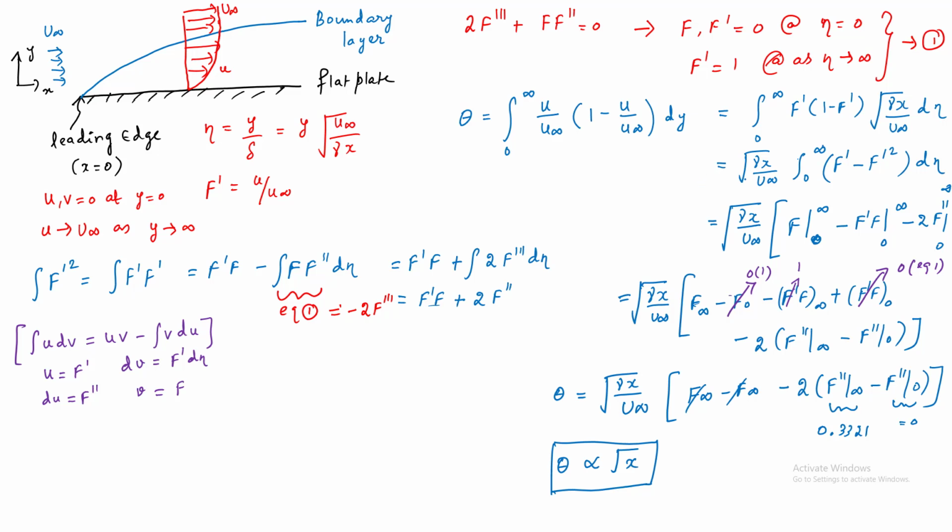You can take it directly from this step, or solve it until the last moment to see how the momentum thickness varies and get the actual equation. The actual equation for the momentum thickness will be 0.664 times the root of ν x by u∞, right? This is the final form we get if we substitute. So that's all for this question. Thank you.